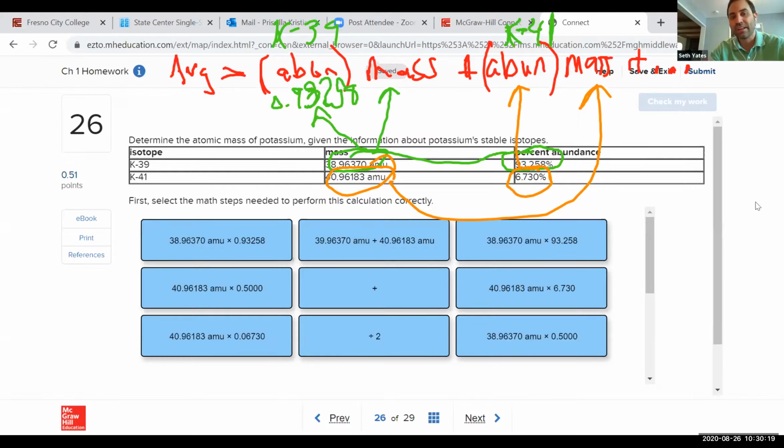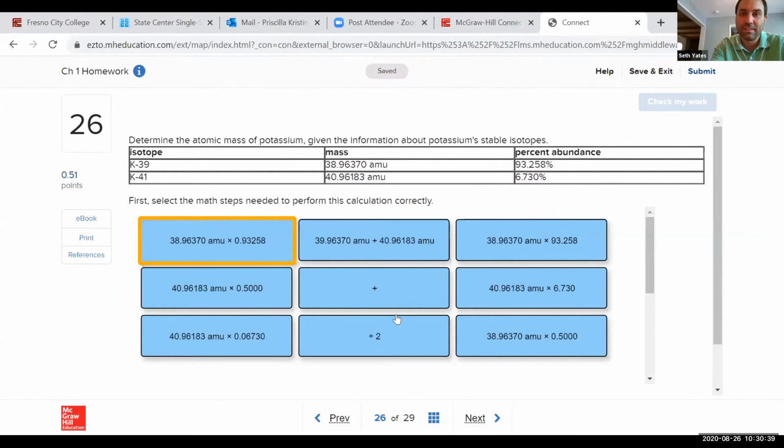What it's asking you to do here is select the steps that you need to do. That would be multiplying, like we were doing here, the abundance times the mass. So that's the 0.93528 times 38. That would be one of the steps.